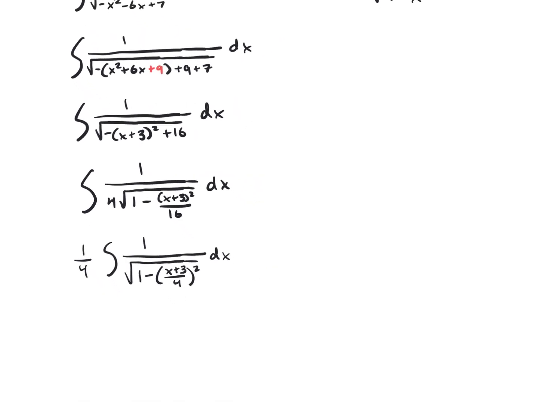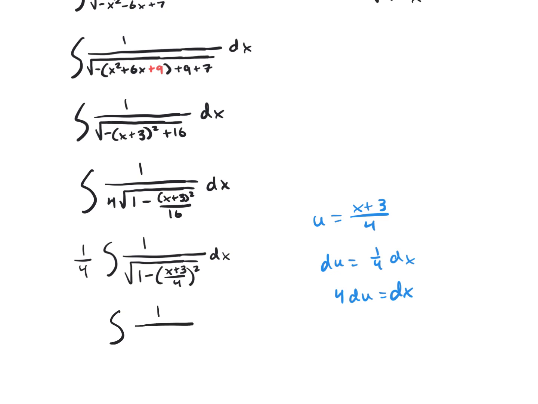I still need to do some u sub, so I can u sub for x plus 3 over 4. So du is 1/4 dx, so 4 du equals dx. When I substitute, the 4 multiplies to the 1/4, and it actually just turns to 1.